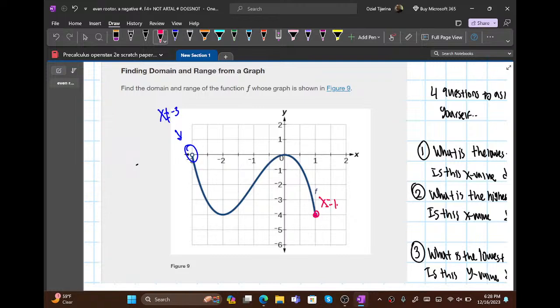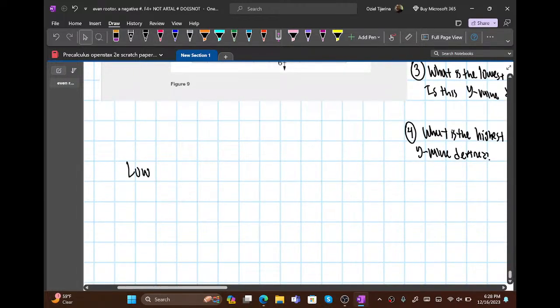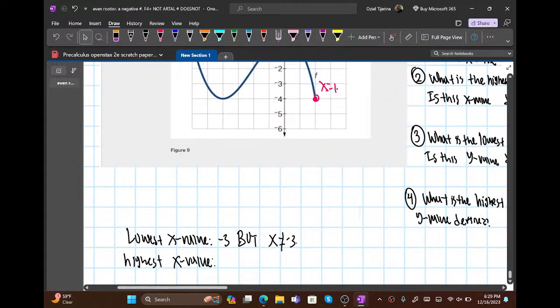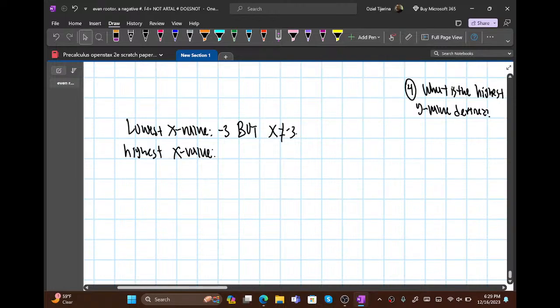If you think about it in terms of a number line, we can clearly see that the lowest x value is -3, but x cannot be -3. And the highest x value is at x equals 1, and x is equal to 1.